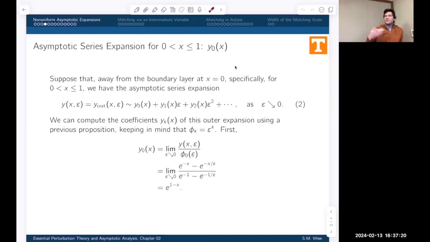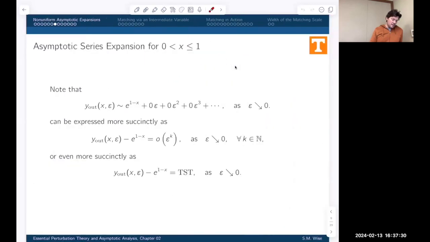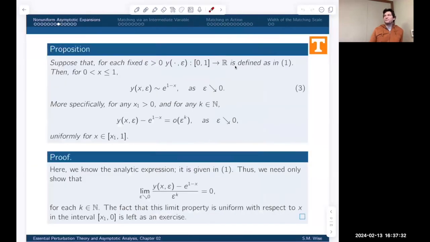We go through and calculate the terms of that series representation. So given this ansatz, we have these terms. The question now remains, is that the true asymptotic series expansion? To show that it is, we can use that as our target and go back in and show that that's the correct one.